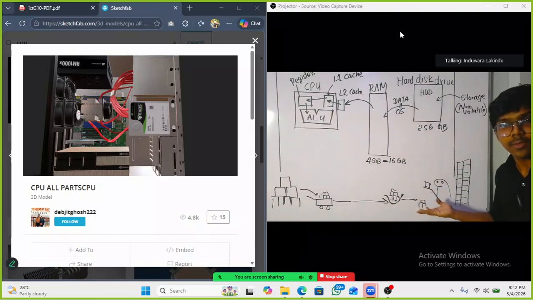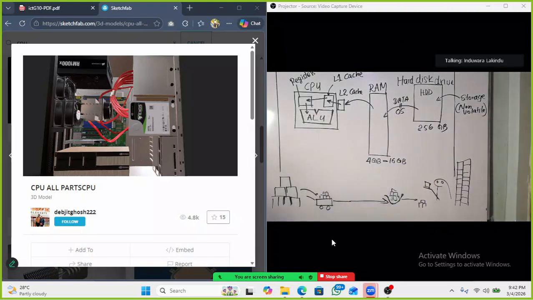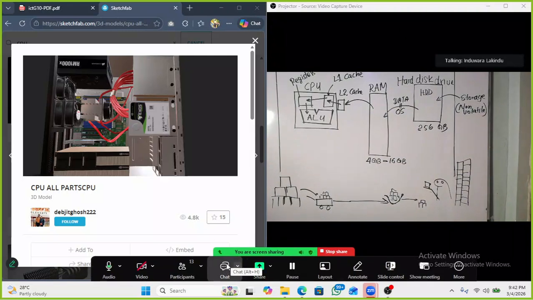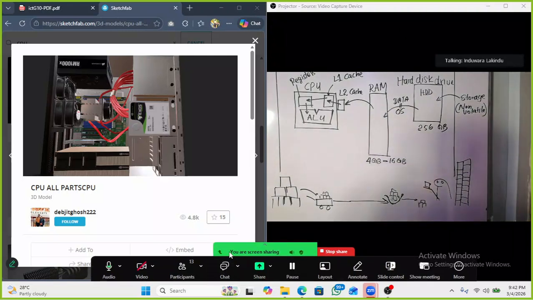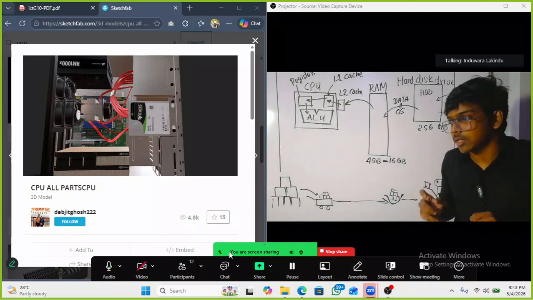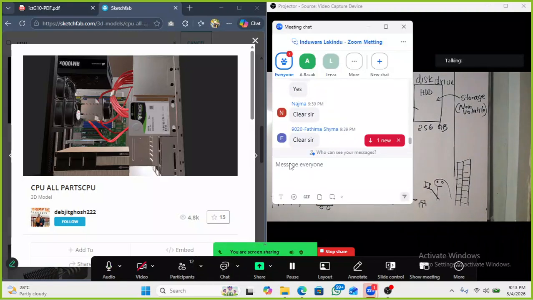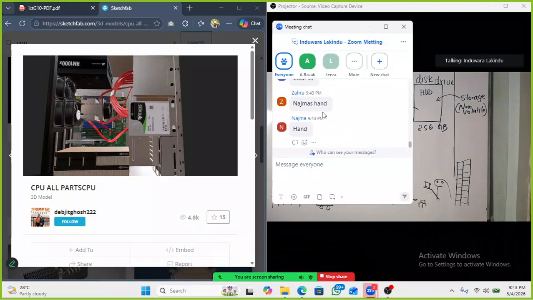Which capacity is the smallest? Which can hold the least amount of bricks? Okay, the hand. Very good, Najma's hand.